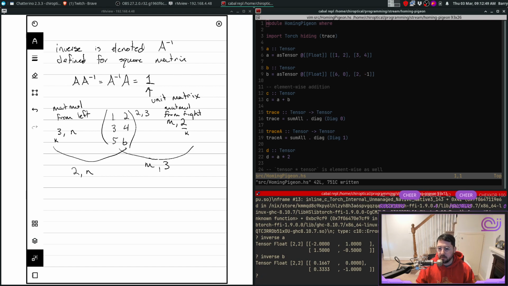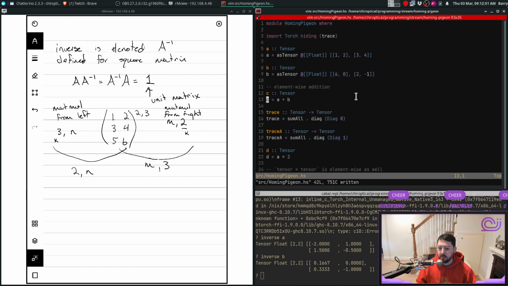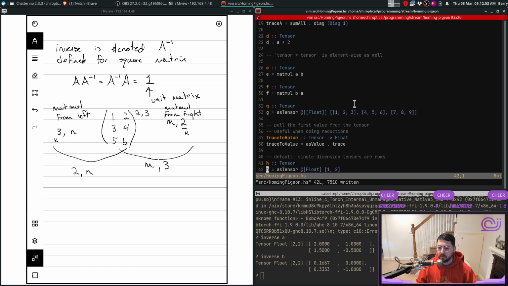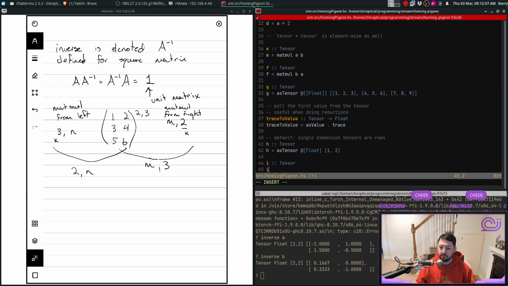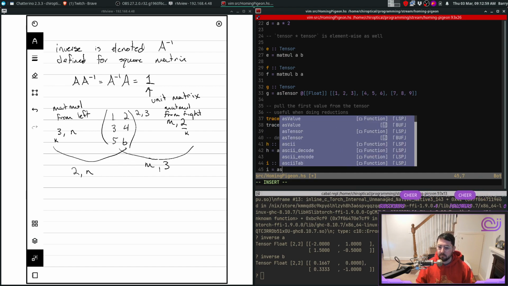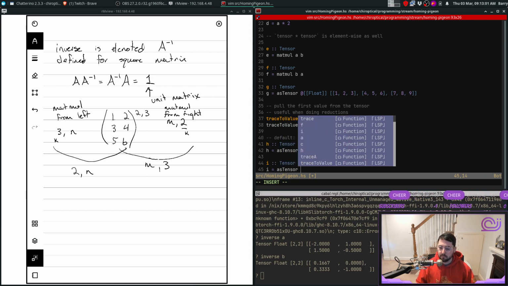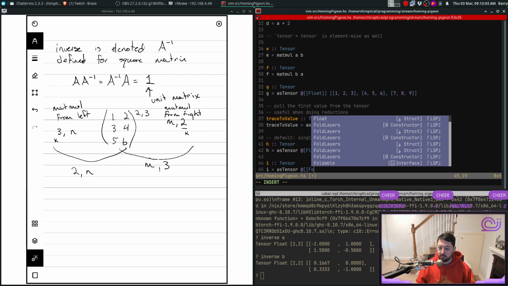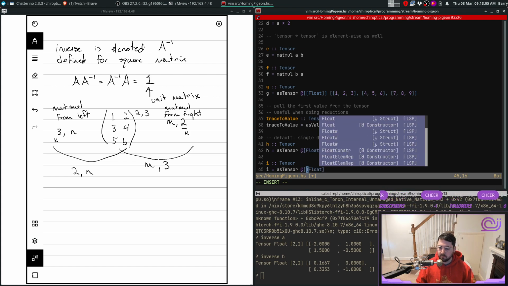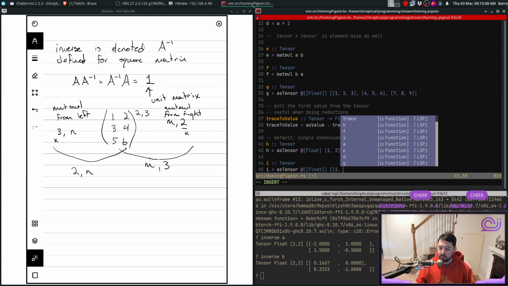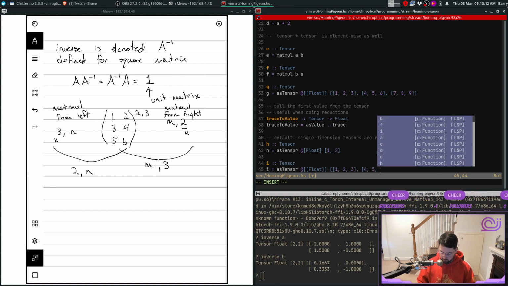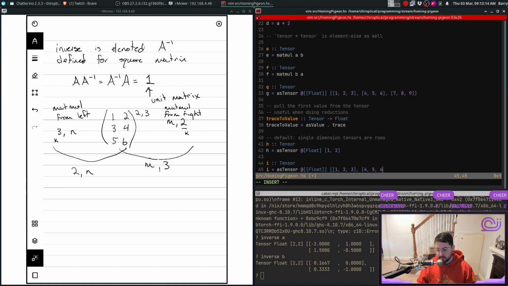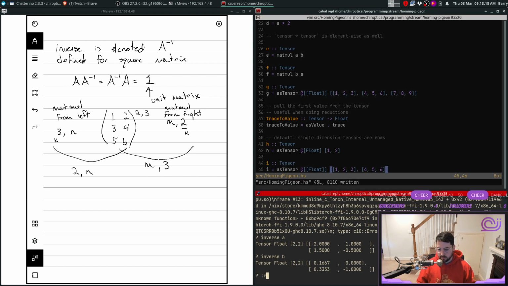Okay, and then what if we do a non-square? Well, let's do one that exists. Supposedly this exists, so I don't know what this is going to do, though.